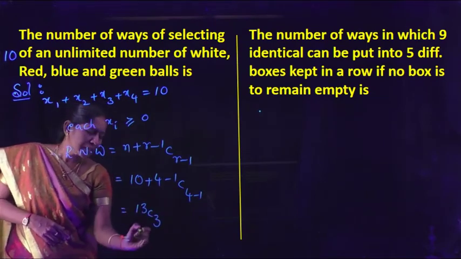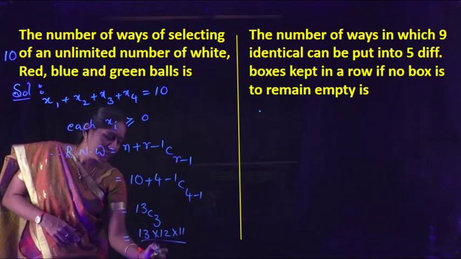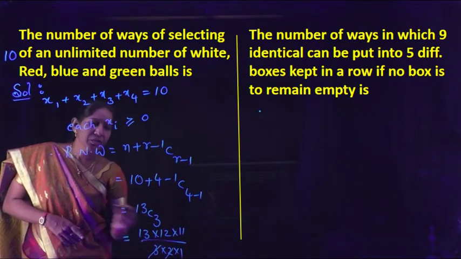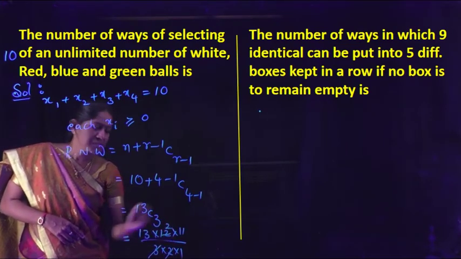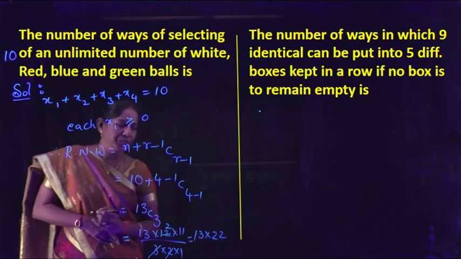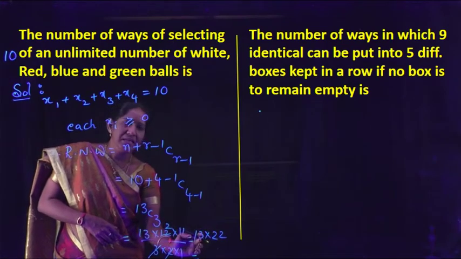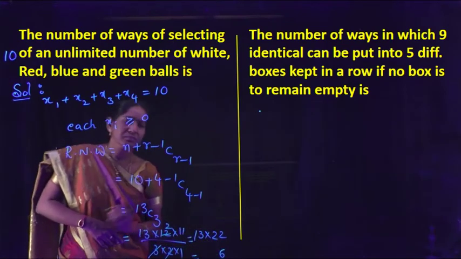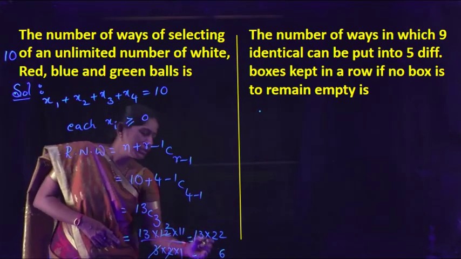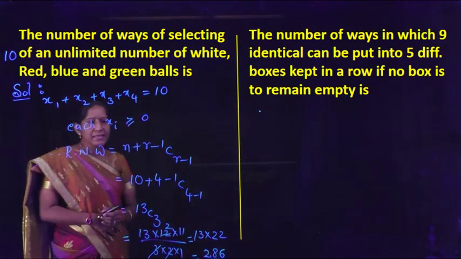Now 13c3 value is 13 into 12 into 11 by 3 into 2 into 1. By cancellation, 3 into 2 is 6, and 6 cancels 12 two times, so that is 13 into 22. Then 22 into 3 is 66, 22 into 1 is 22, and 66 plus 220 gives 286. So the value is 286.